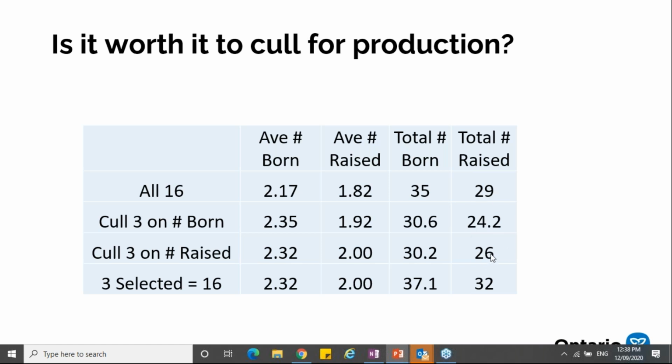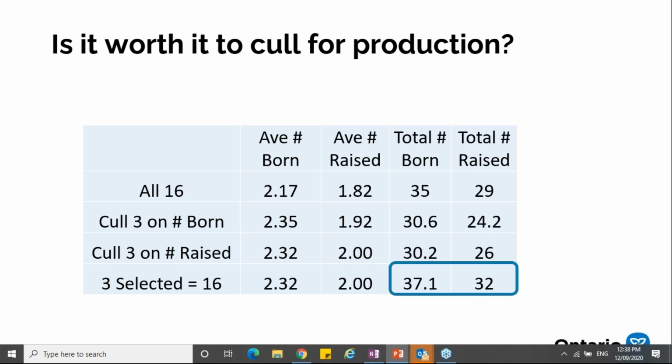With these small numbers, you might not necessarily cull three. Or if you did cull three, you definitely want to select some replacements. If we could assume that we could select three ewe lambs and have the same average number born and raised as we have from the group that's left, then from those 16 ewes, we would have 37 born and 32 raised.